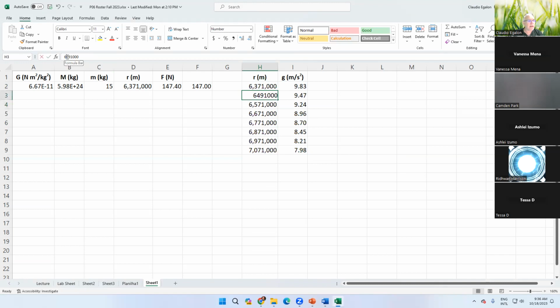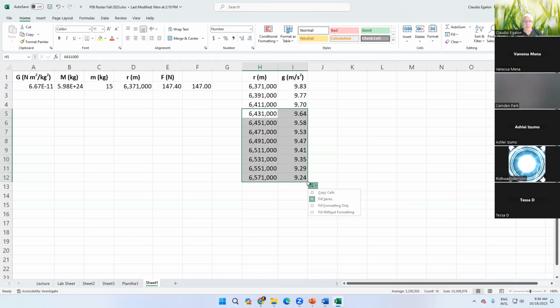Yeah, let's do it this way. That's better. Okay, so every 20,000 meters, which is 20 kilometers, we have this much change in the acceleration of gravity.